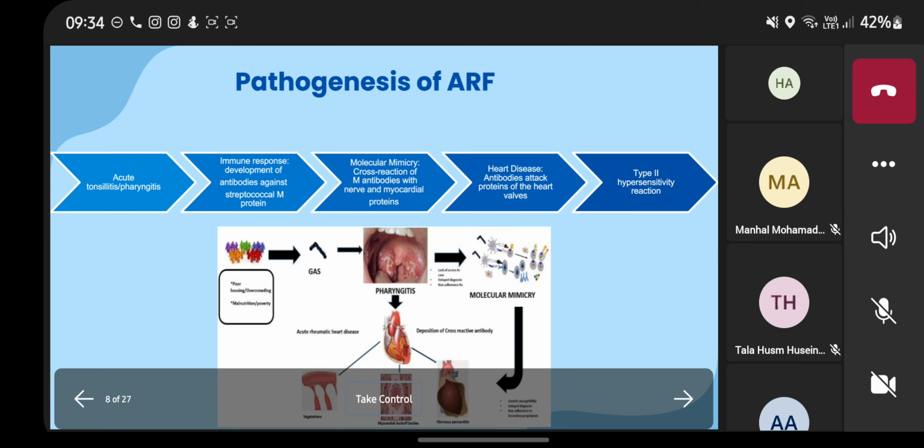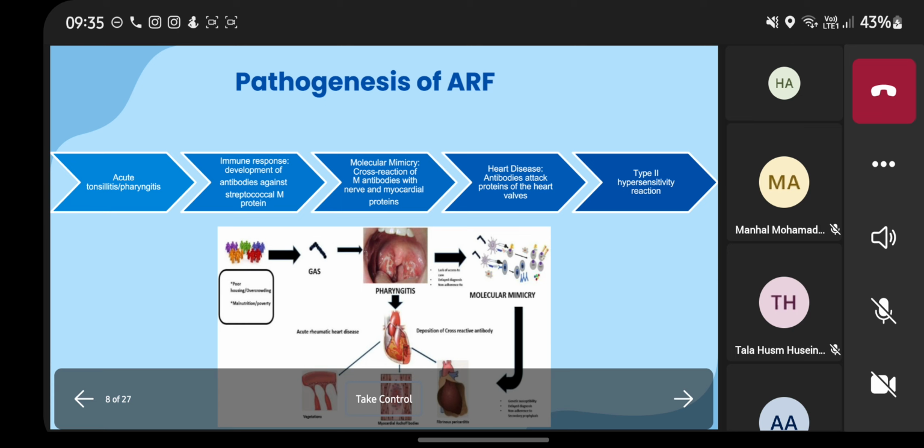As a response to that, our immune system will engulf the pathogen and start producing antibodies. Since the antibodies are produced against the virulence factor, which is the M protein, in this situation the valves of the heart have a similar molecular mimicry to the M protein.